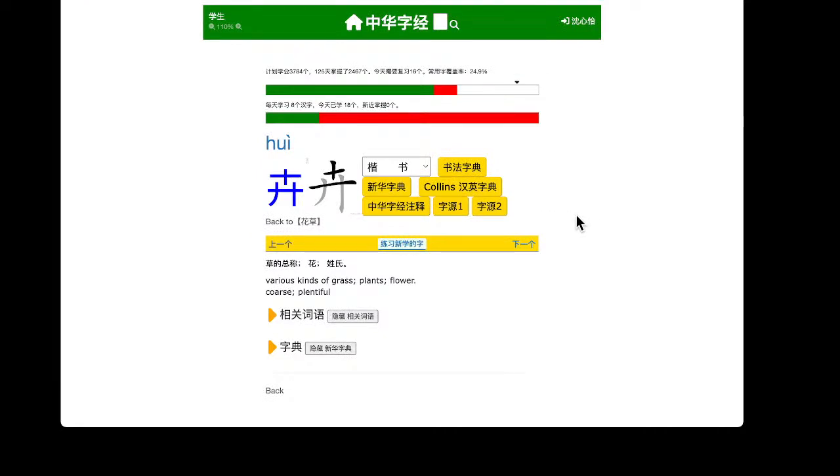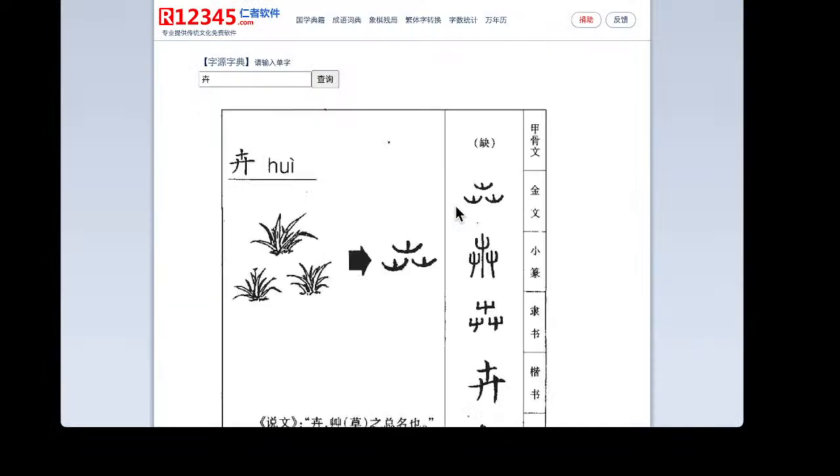卉. 卉 is grass, the general name for grass. When you try to refer to any kind of grass, that's this one, 卉. And therefore Chinese has a word called 花卉. 花卉 means any kind of flower or any kind of grass. Okay, let's take a look at that character.